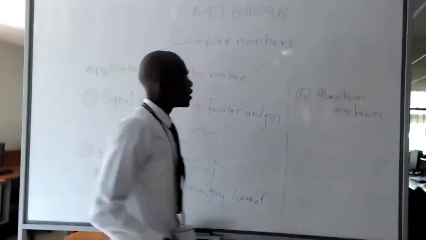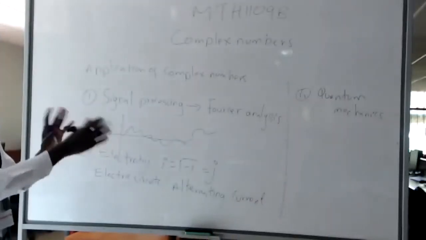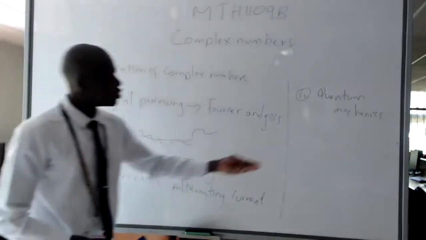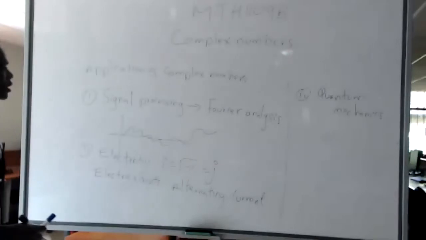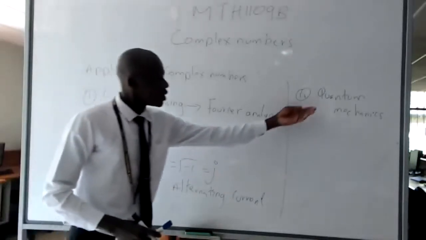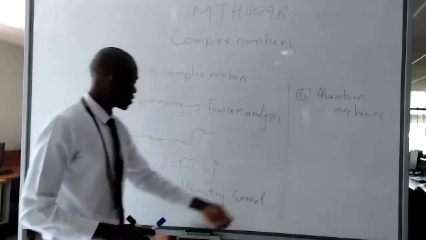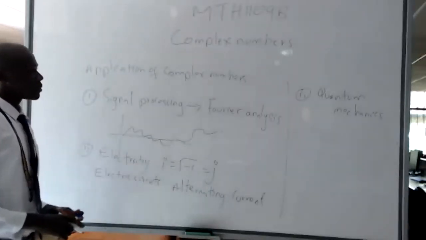You need a Schrodinger equation. There's some element of probability, so you also need to understand some probability to do quantum mechanics. In fact, the Schrodinger equation itself has the imaginary number in it.